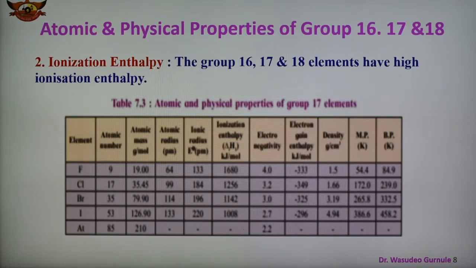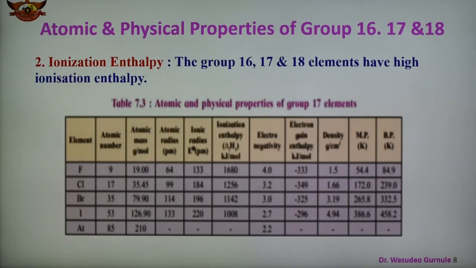The second is ionization enthalpy, also known as ionization potential. As we know, these group elements have a large value of ionization energy, which decreases gradually from oxygen to polonium.